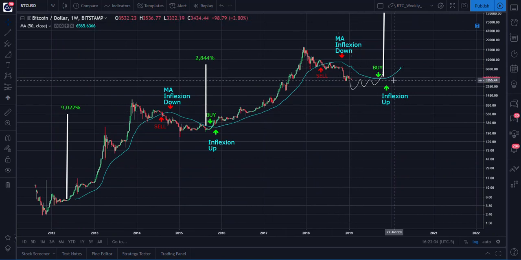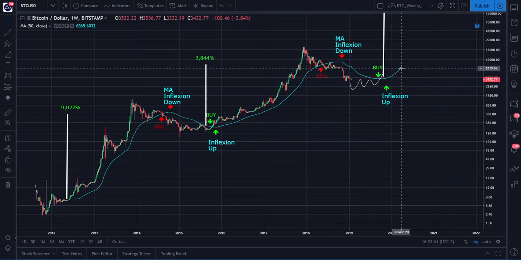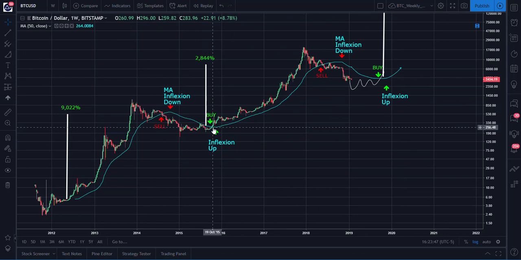Now, let's look at this. If we see that the inflection point was down here, when will the upward inflection point occur? If we project from the prior correction to that inflection point upward, it took about 56 weeks.